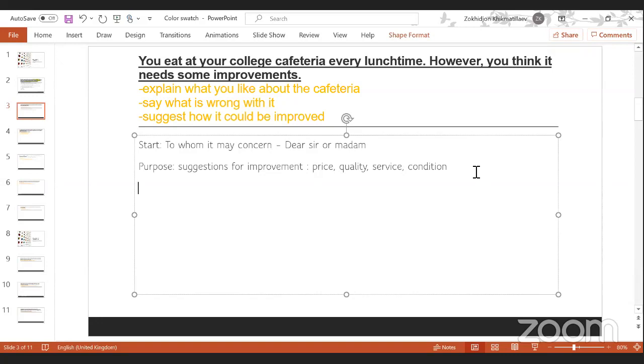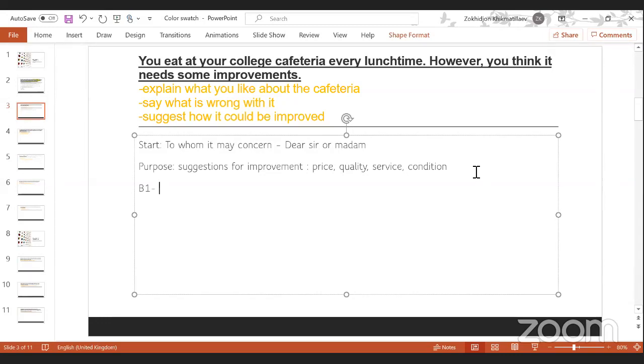Okay, first you should say that you go to the cafeteria and why you like it. So do you need to state your name or who you are? Yes, because you study at this college. And if you are a student of this college, then you must refer to this cafeteria.